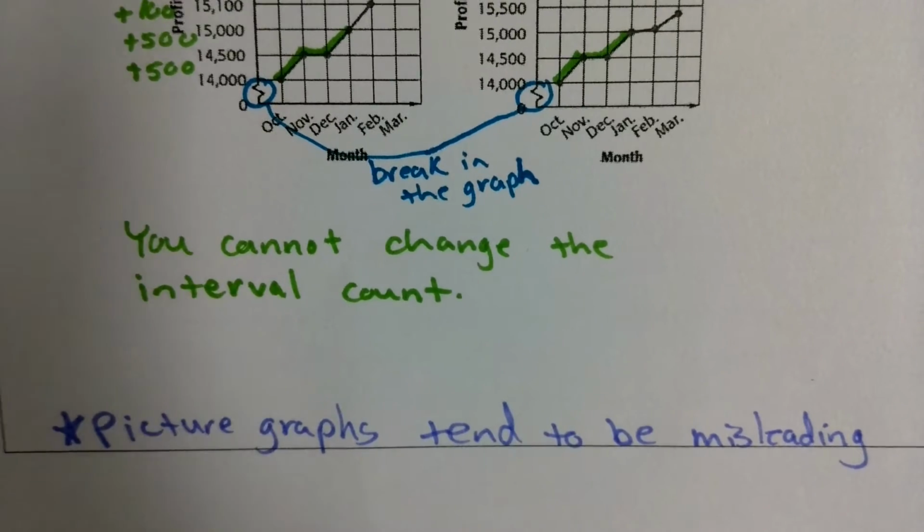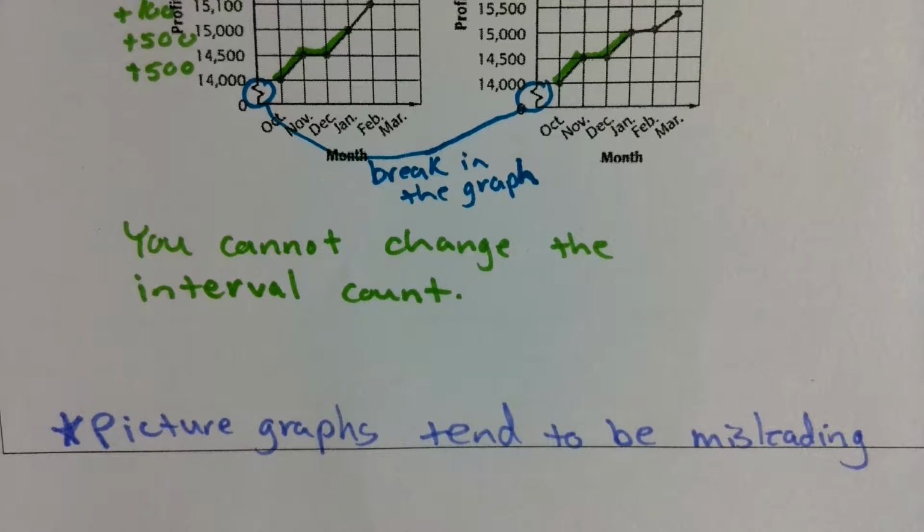So a lot of times you're like, oh, this small picture is a smaller number, but now the next picture doubled in size, so that must mean it doubled in value, when really it might have only increased by a quarter of the value. So you have to be wary of that.